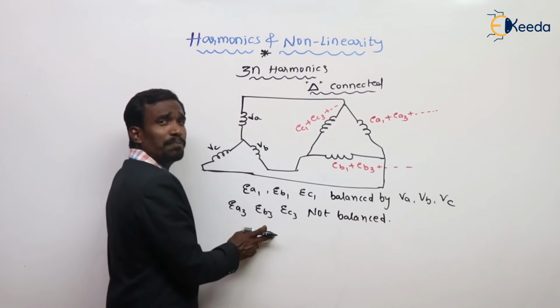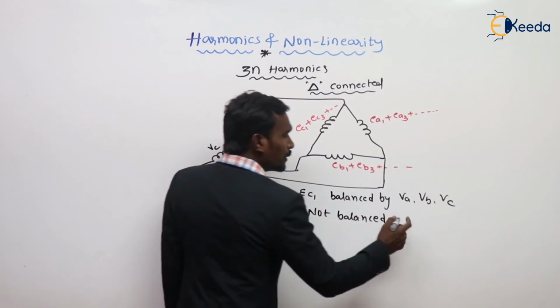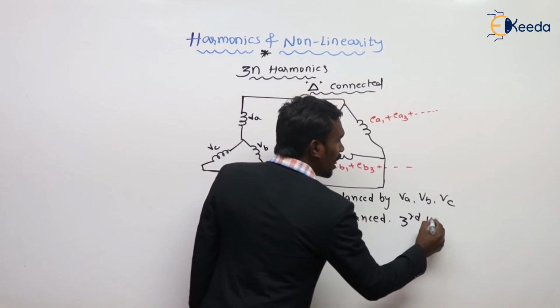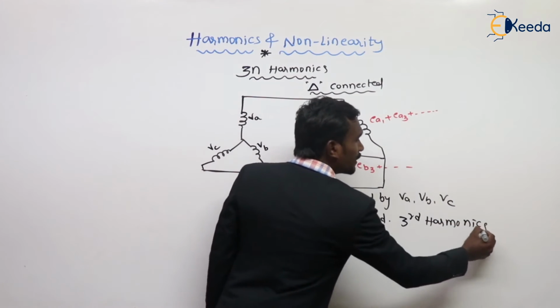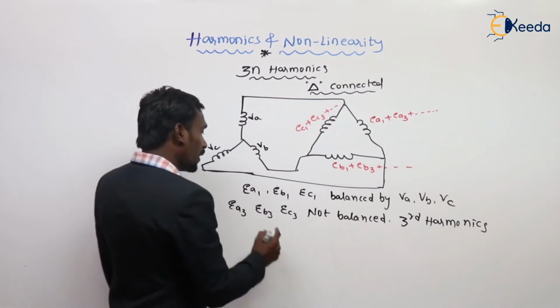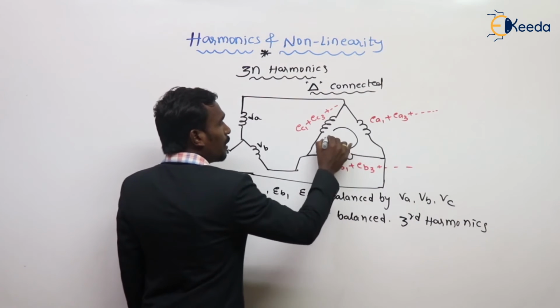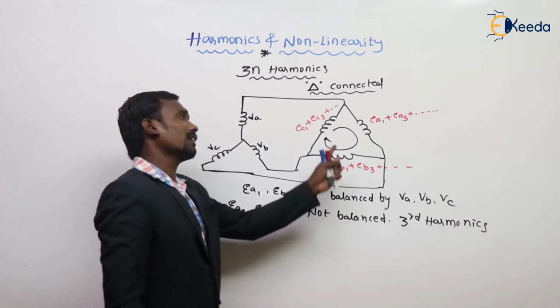These are not balanced, and these produce the third harmonic currents, which get a closed path in the delta.